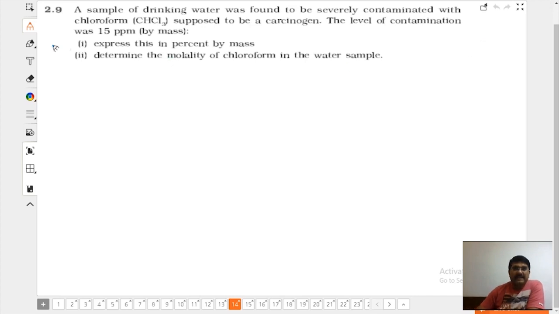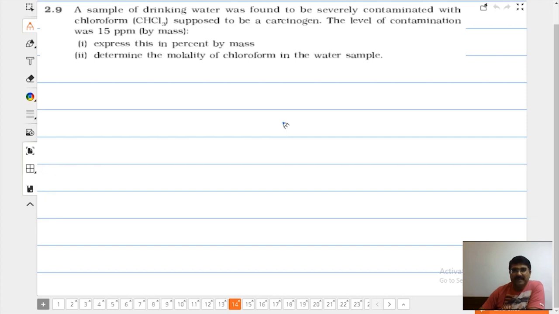Chaliye, let us see this question, a very good question beta. It is joining molality, ppm and mass percentage. Everybody please go through the statement of the question.